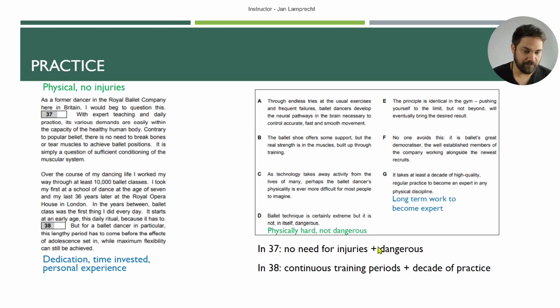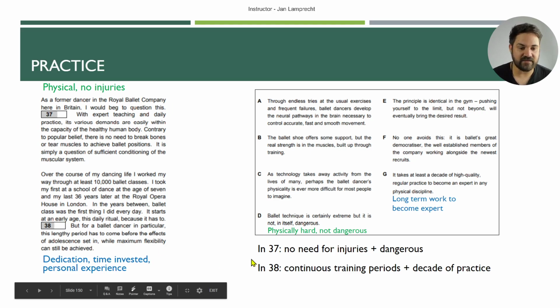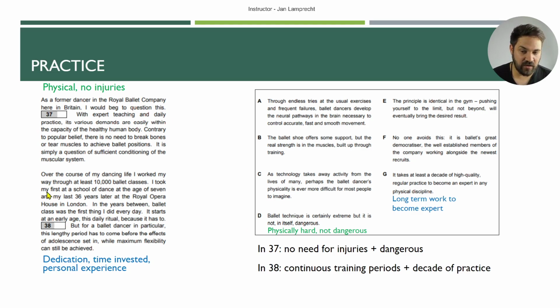Then moving on to 38, continuous training periods and a decade of practice. If you look at this paragraph right here, now here in G, it takes at least a decade of high quality regular practice to become an expert in any physical discipline, to become an expert.